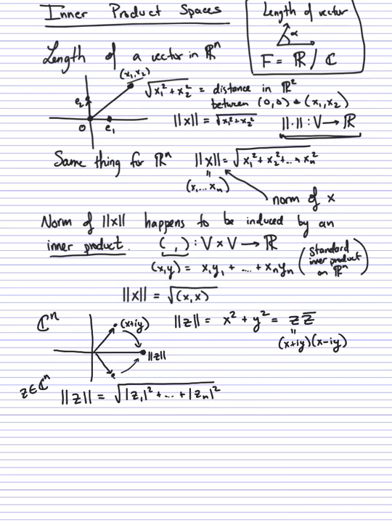So it exactly matches the real case in this definition, but you have to be a little careful, because when you're looking at one of these numbers, it's really the norm of a two-dimensional vector in R2, if you want to think about it that way. This also comes from an inner product.